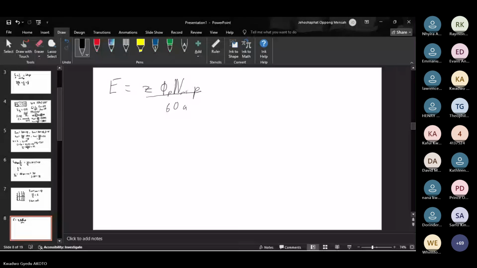So we know that our number of parallel paths A is equal to 2 for a simple wave winding.